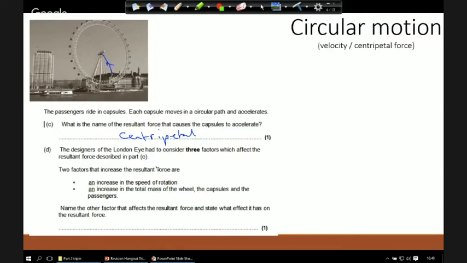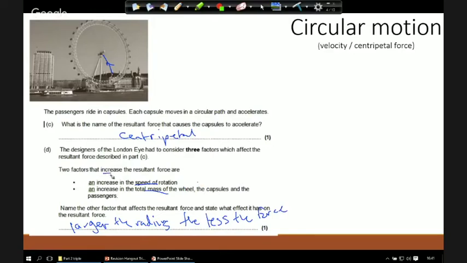Okay, so the designers of the London Eye had to consider 3 factors which affect the resultant force described in Part C. 2 factors that increase the resultant force are an increase in the speed and an increase in the mass, and one other factor that has an effect on the resultant force would be the radius: the larger the radius, the less the force.